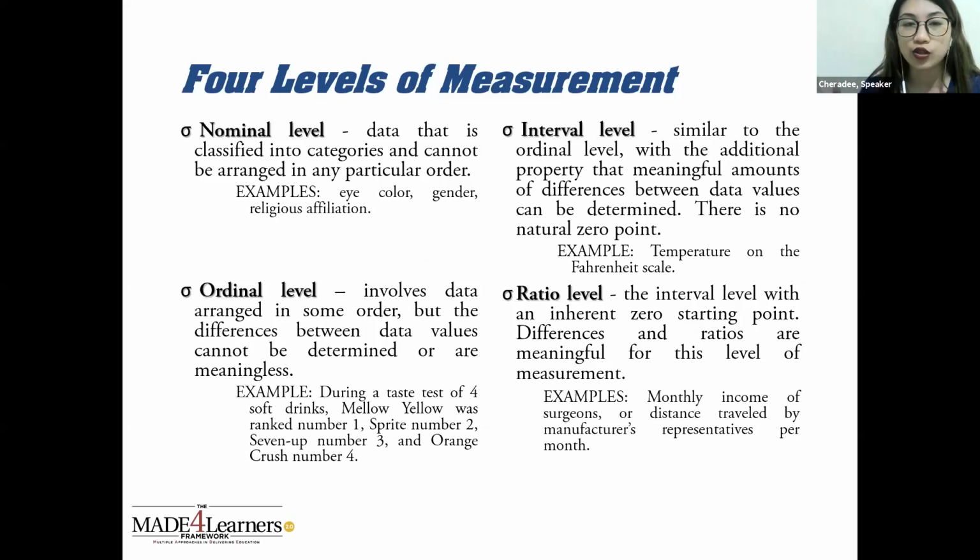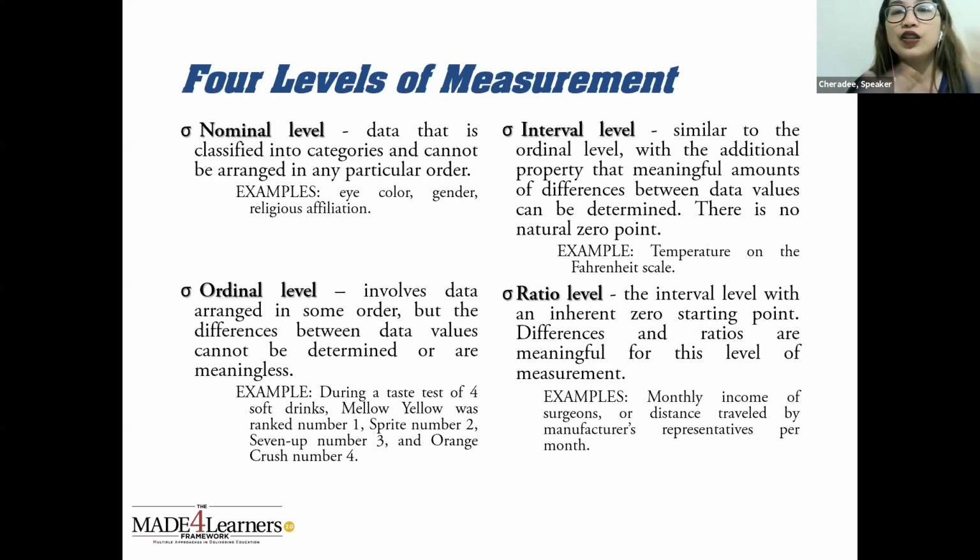Now let's differentiate the 4. Nominal: these are just categories. They're not placed in any particular order. They are not arranged. They're just categories per se. For example, eye color. You don't say that blue-eyed people are greater than brown-eyed people. Or gender. You don't say that male is greater than female or female is greater than male.